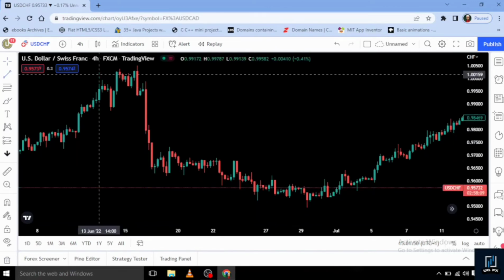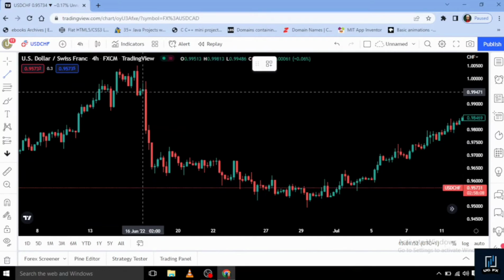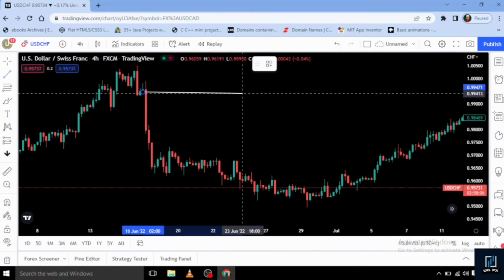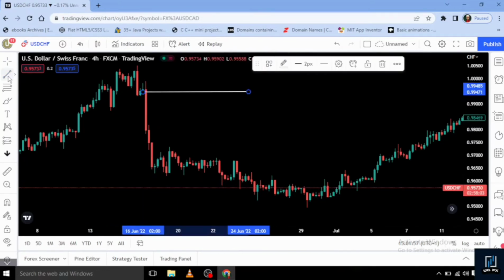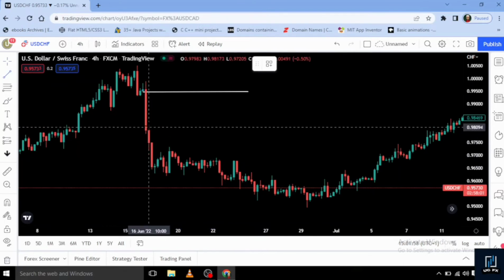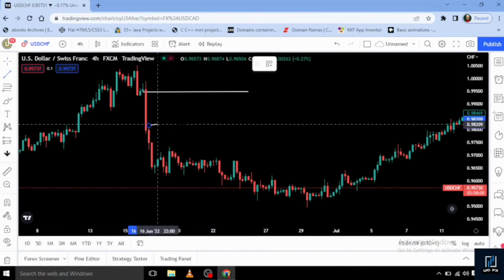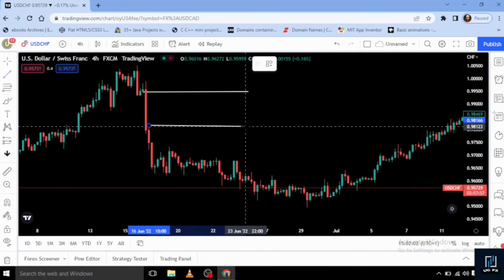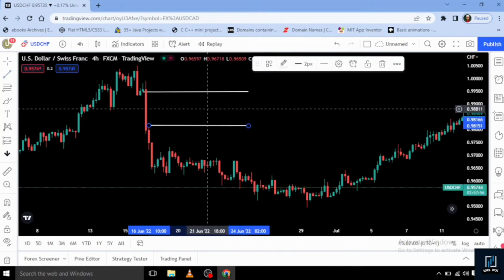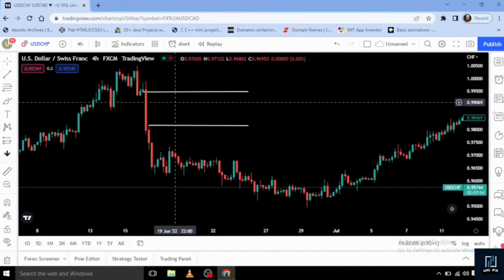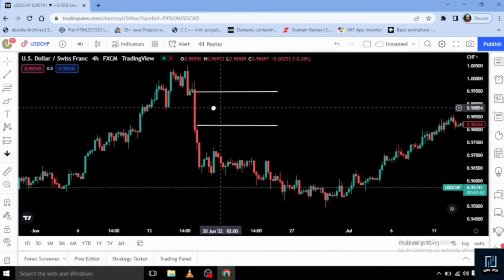So marking out from this area, and also marking out from this area. So this is actually where we have our imbalance.